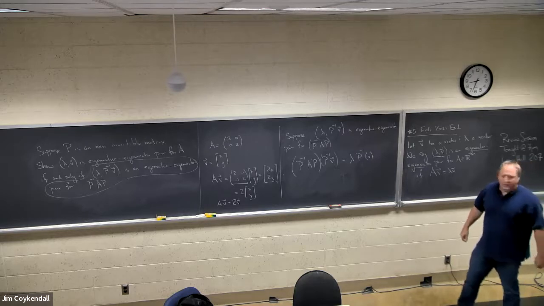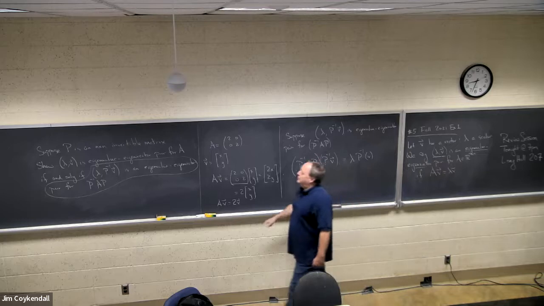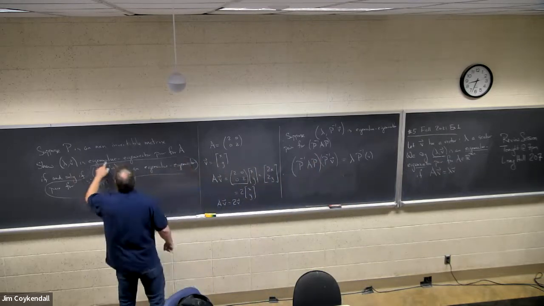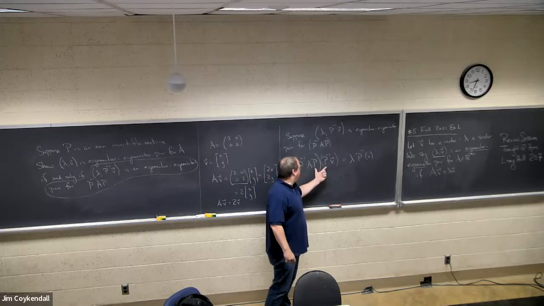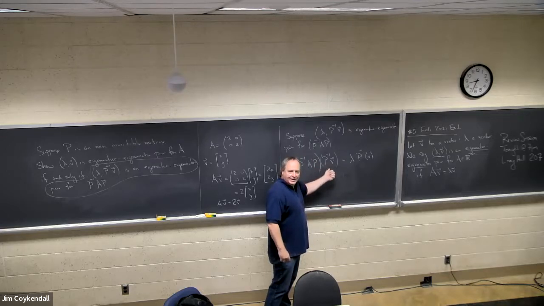So let's suppose this is true. We need to show that lambda, V is an eigenvalue-eigenvector pair for A. Does anybody see something obvious I can do with this side of the equation? What happens to P inverse?